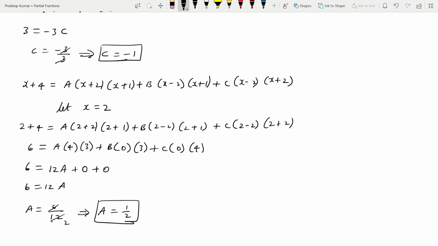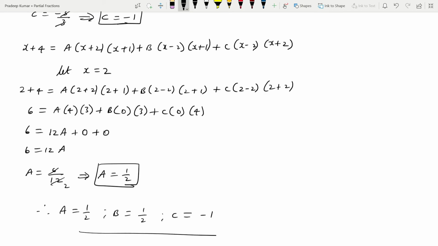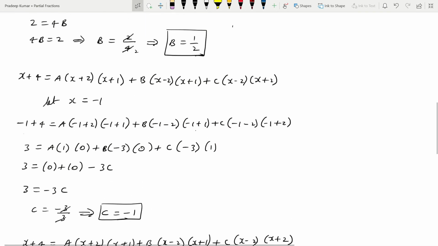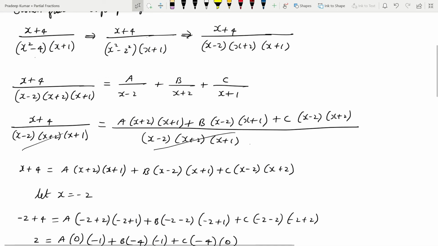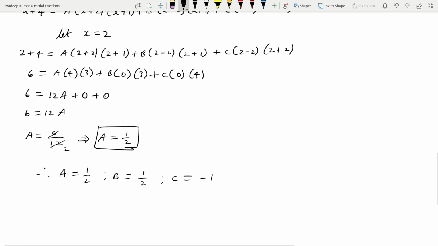Right. So the values we finally got: A as 1 by 2, B as 1 by 2, and C as minus 1. So let's substitute all these three values A, B, C in the above equation. What is the equation? This is the equation. Let's say this is equation number 1. So I'll write here, substituting the A, B and C values in equation 1.